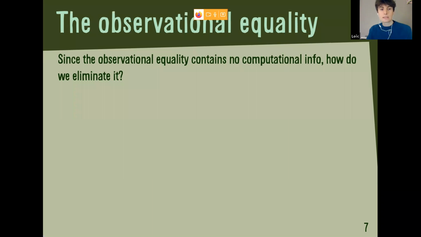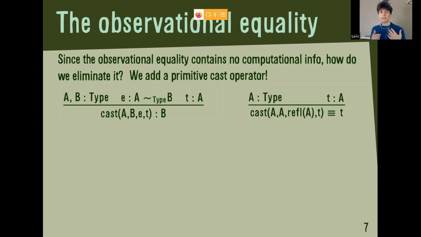All right. So this is just for the definition of the observational equality. But we still need a way to eliminate it. And since it does not contain any computational information whatsoever, we will need to find another way to have the eliminator compute.